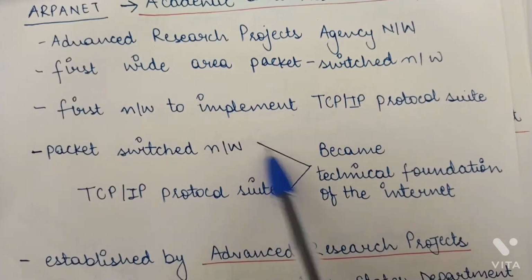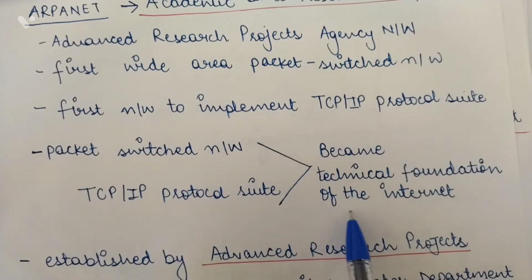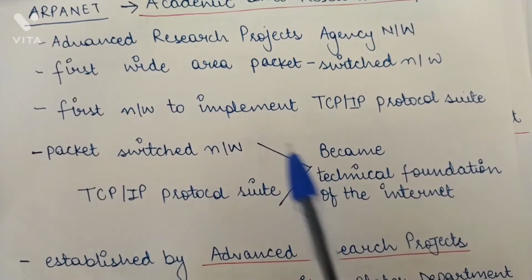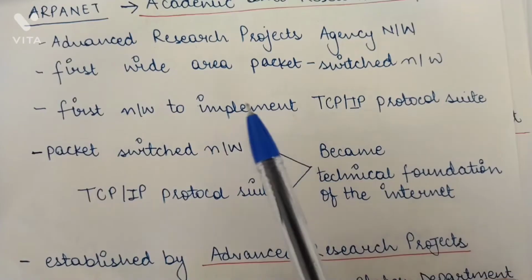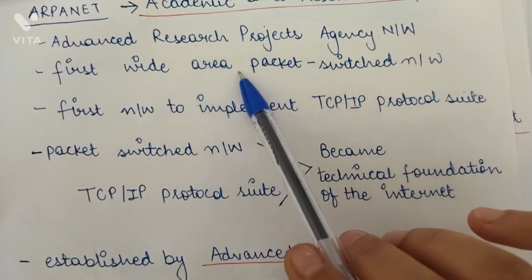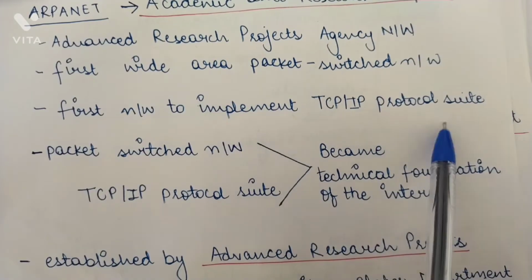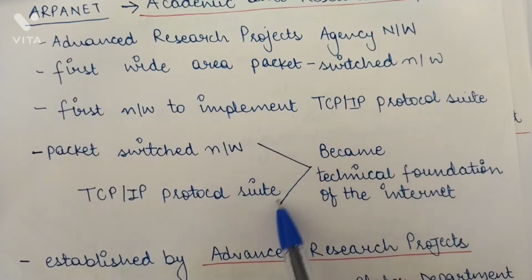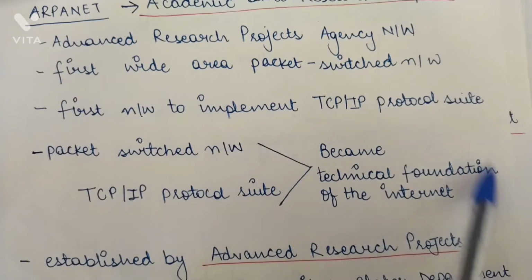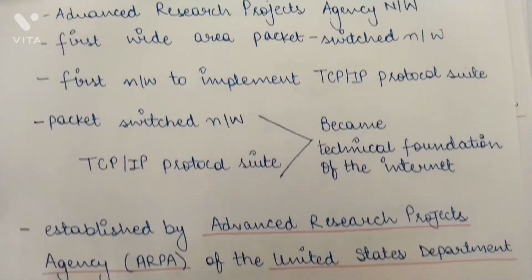These two things were first used by ARPANET only, the wide area packet switched network and the TCP/IP protocol suite, the two components which laid the technical foundation of the internet.